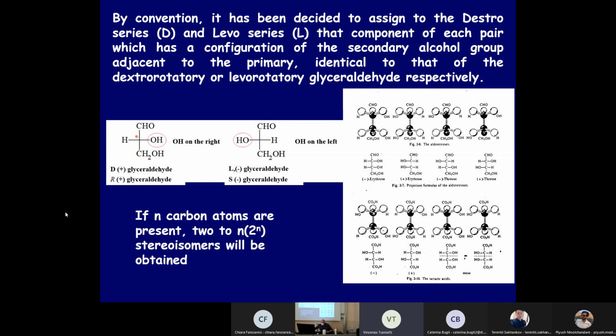And you know also R and S. You know the Ingold rules. You know that R and S are not related to the plus and minus. Plus and minus are related to the ability of each compound to rotate the polarized light.